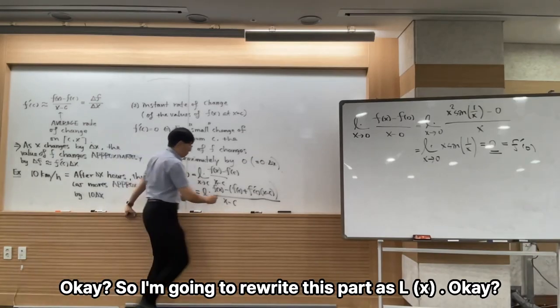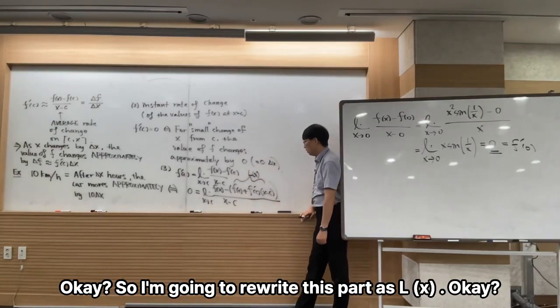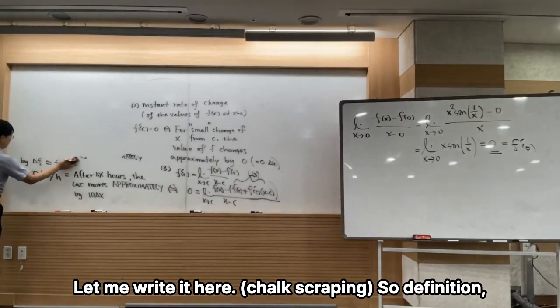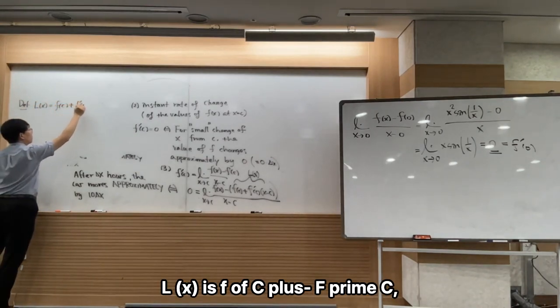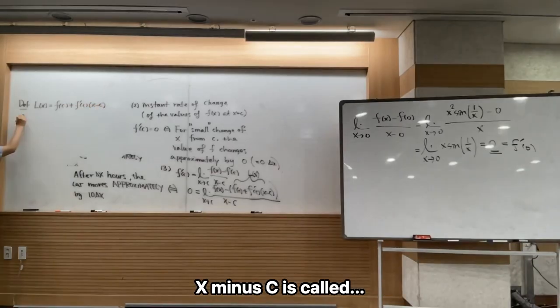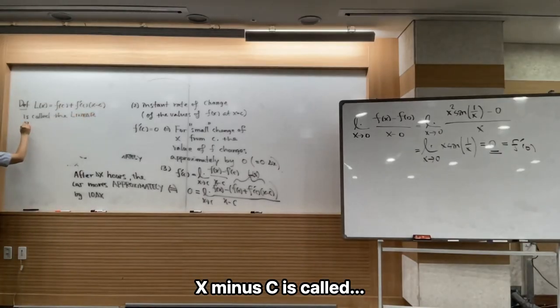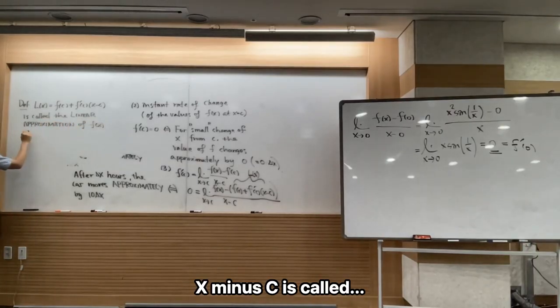I'm going to rewrite this part as L of x. Let me write it here. By definition, L of x equals f of c plus f prime c times x minus c, and it is called the linear approximation of f of x at c.